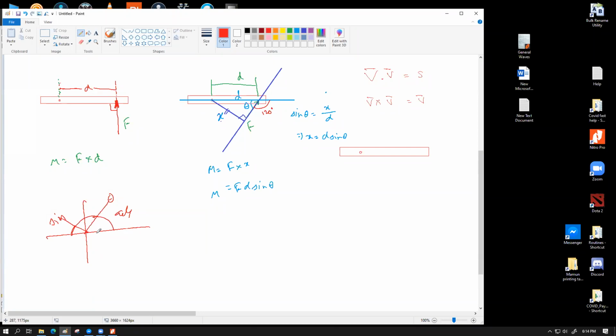Do you know that? What I'm trying to say is, let's say you are trying to calculate the value of sine 35, what is the value of sine 35? First check that your calculator is in degree mode. Sine 35 gives us 0.574.